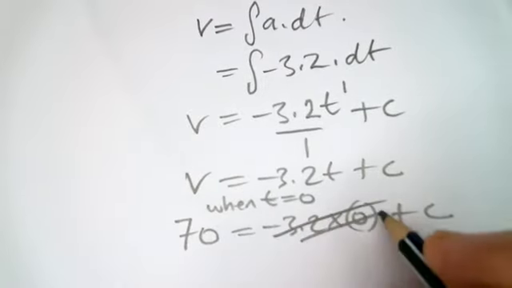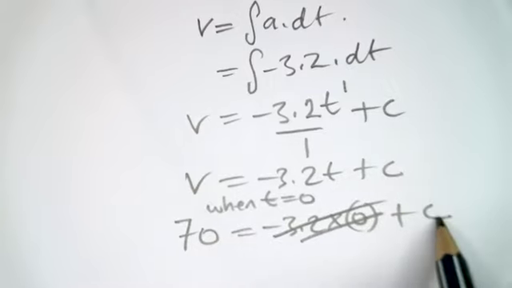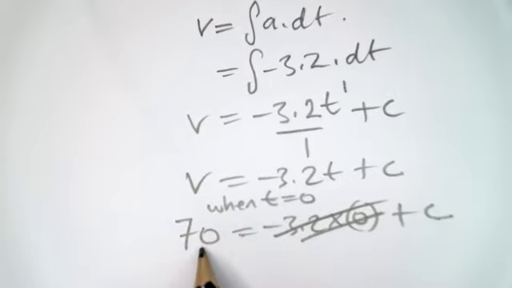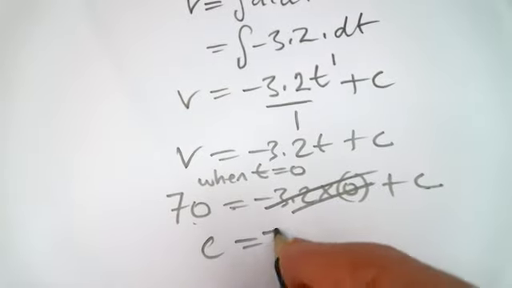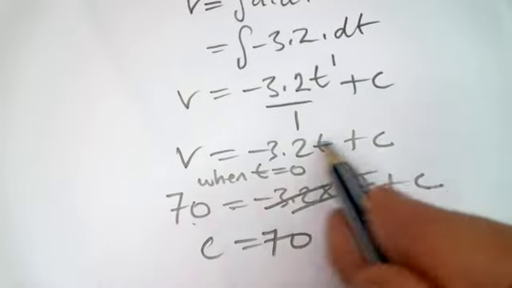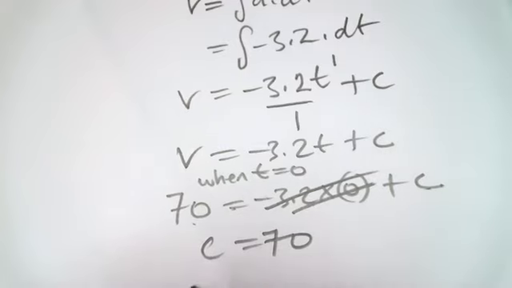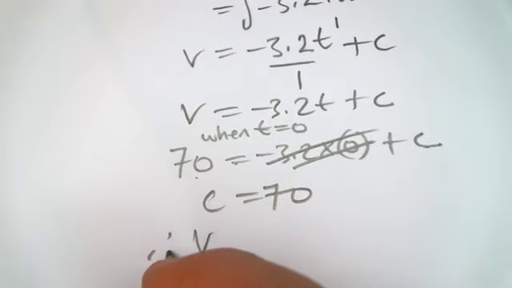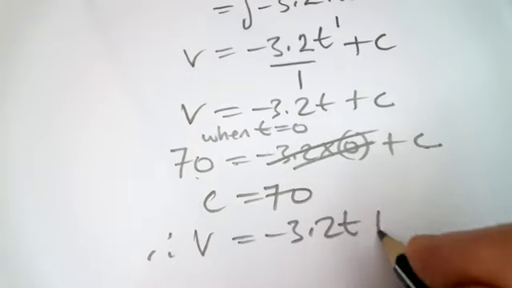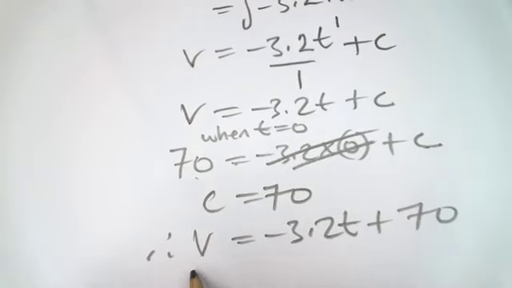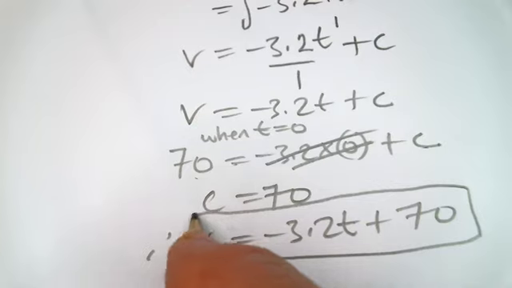Of course this equals 0, so c must equal 70. Now I know what my c value is. C is 70, and I can plug that straight into the equation. So v is equal to negative 3.2 t plus 70, and there is my equation for velocity.